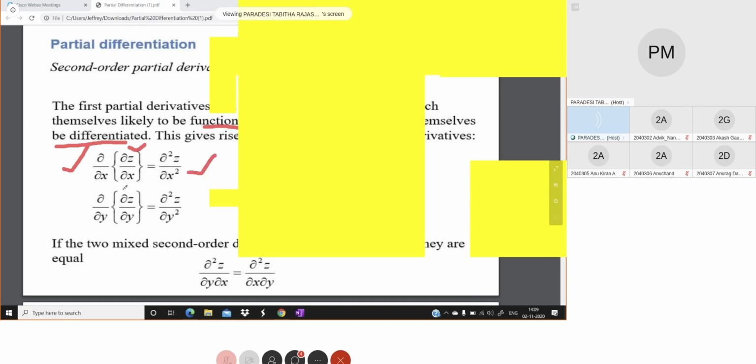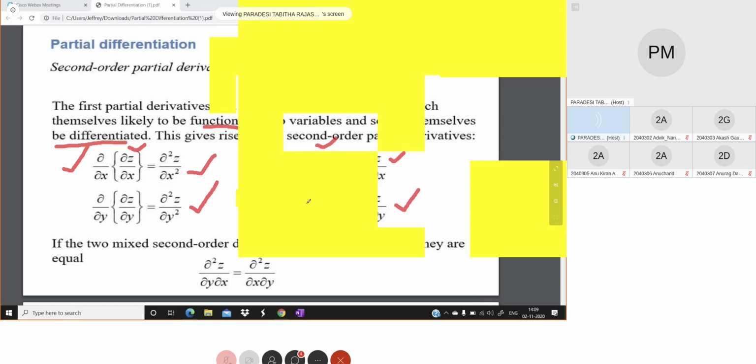Then the partial derivative of del z by del x with respect to y is del square z by del y del x. It's just a representation: you're doing a partial derivative of a partial derivative. Del by del y of del z by del y is del square z by del y square. And del by del x of del z by del y is del square z by del x del y.